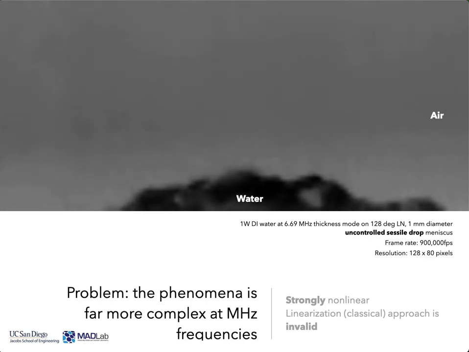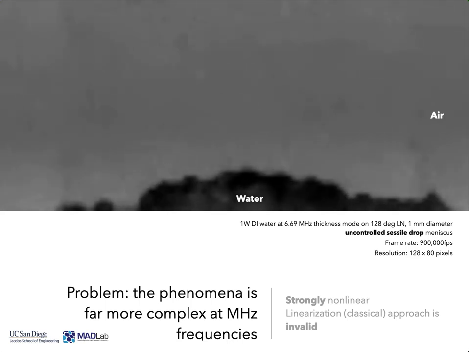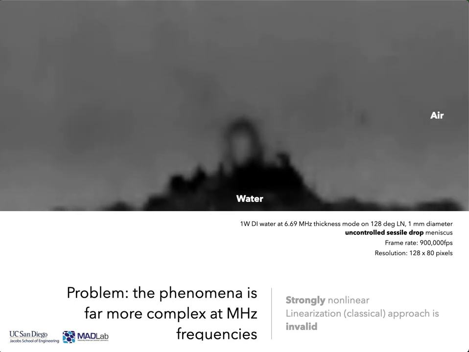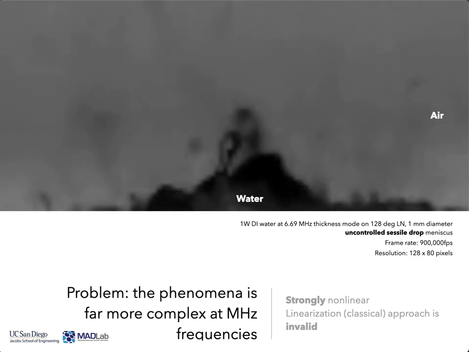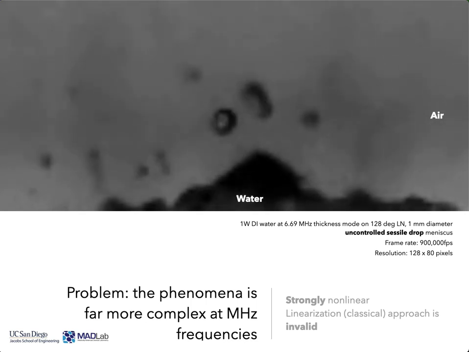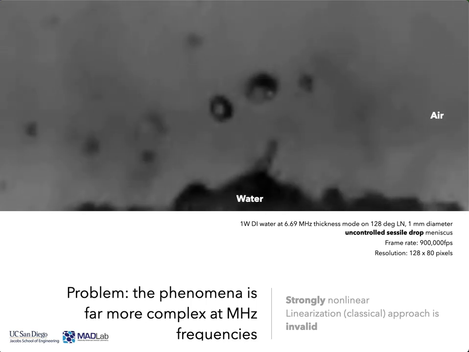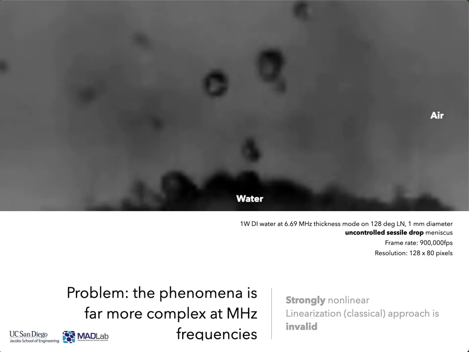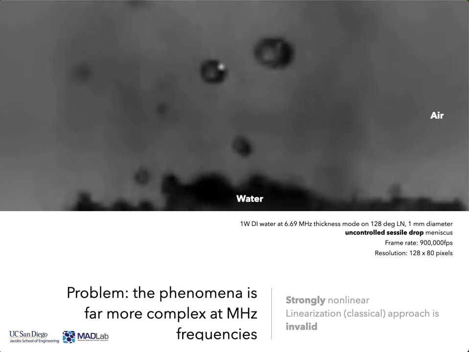The video being shown here is a water droplet in air, shot at 900,000 frames per second. You can see that it's not really capillary waves anymore. You have these droplet ejection events, and if you look closely, you'll notice bursting events off the surface, and in fact, out of the droplet, a jetting regime.